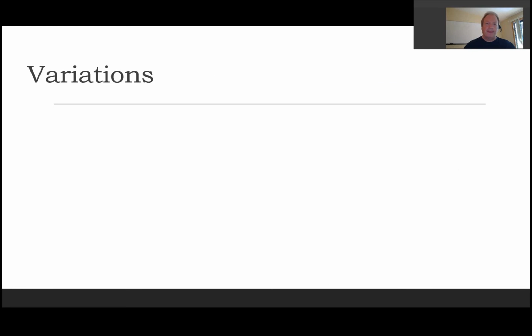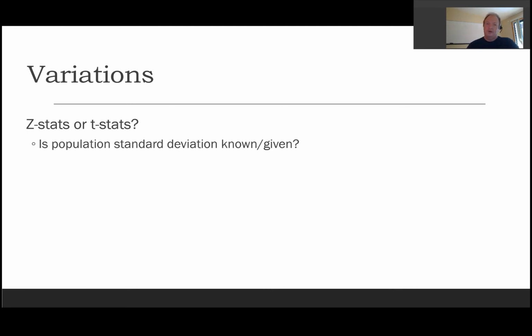Okay. There are some variations we're going to have to think about, and some issues that we're going to have to consider, which we didn't have to think about when we were dealing with a population proportion hypothesis test. And the one issue that can arise is whether we want to use the z-score or the t-score. And again, that's based on the question of whether you're given the population standard deviation or the sample standard deviation.